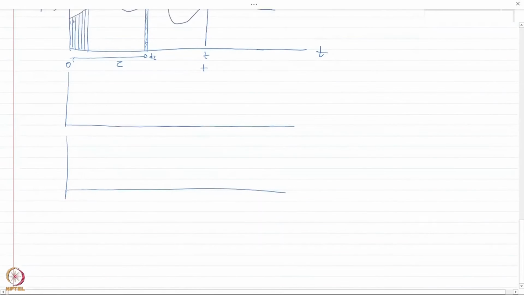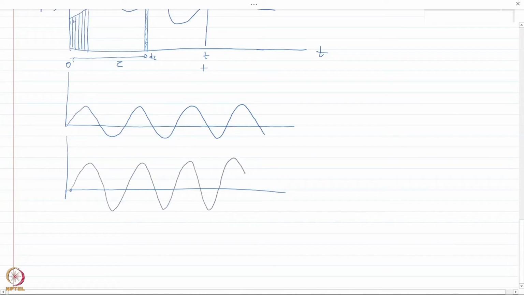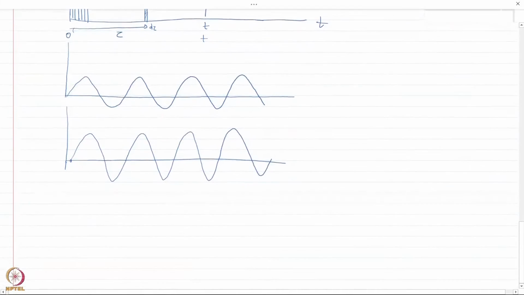Let us say in the first case, due to the first impulse, it will undergo some free vibration. For the second one, it will start a little bit later, after d tau, and again it will give me some response, which depends of course on the magnitude of that impulse. These two impulses are not the same. It will again give me some response, and it will keep on doing that.